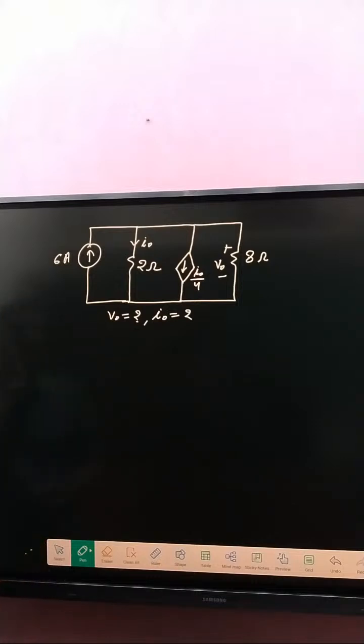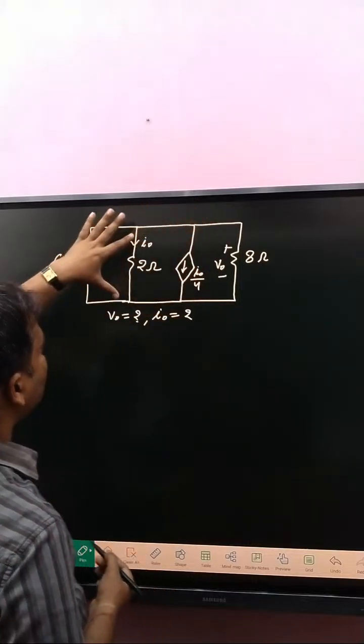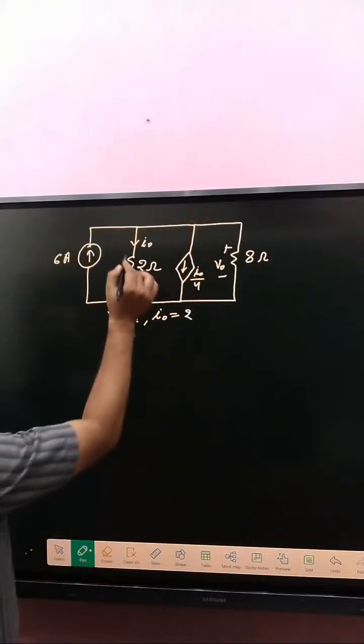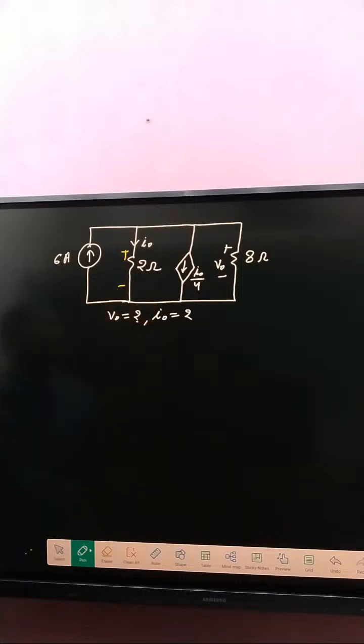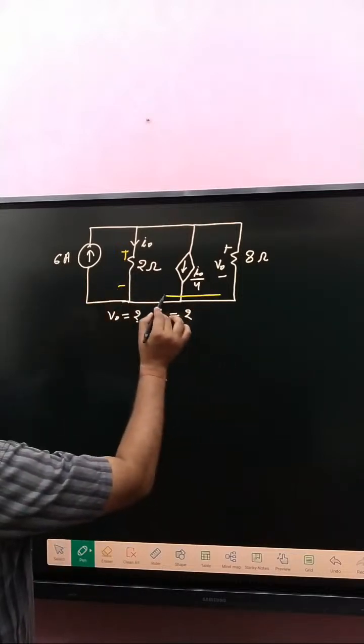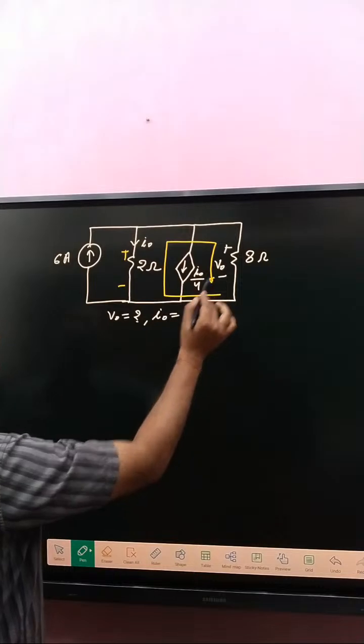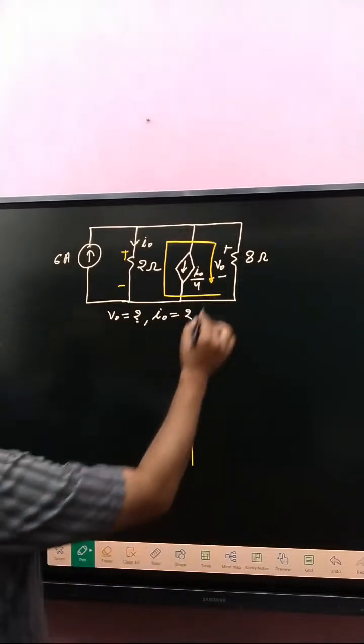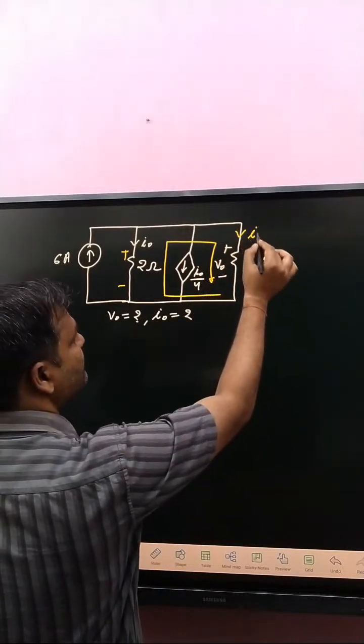First of all, if you see very carefully, that polarity and that polarity are the same. Before applying KVL in this loop, our motto is to determine the current in this branch.